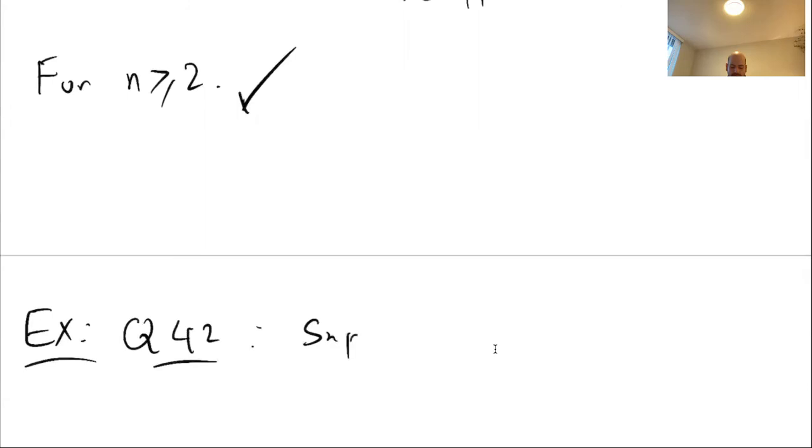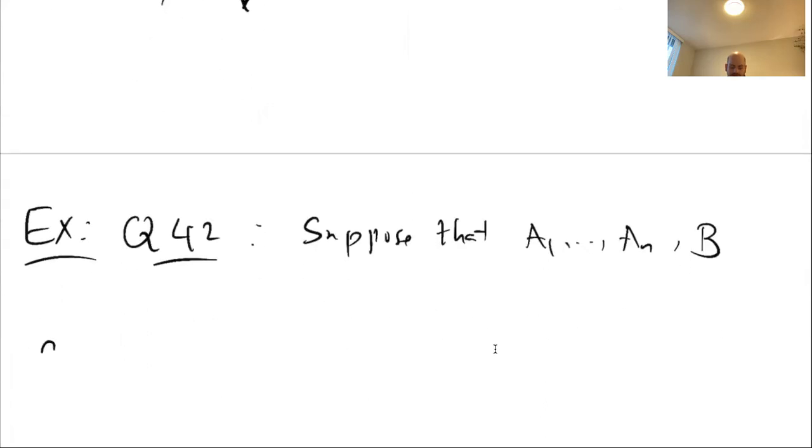So example, this one is question 42. Suppose that A1 to AN and B are sets.